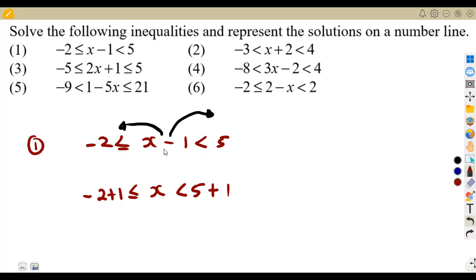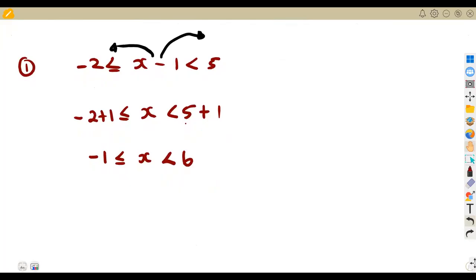Whatever you do, you do on both sides of the inequality. -2 plus 1 is -1. We put our inequality sign as it is, less than 5 plus 1, which is 6. As we can see, we have determined the x that we wanted. There's nothing more to do, we're not going to divide by anything. This is how you can solve this inequality.